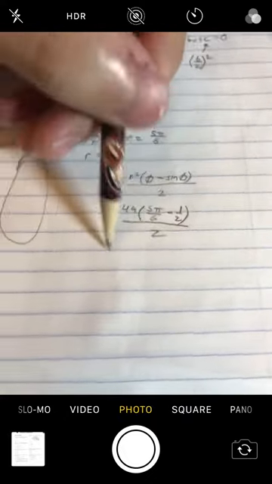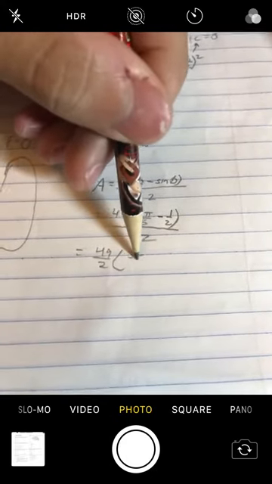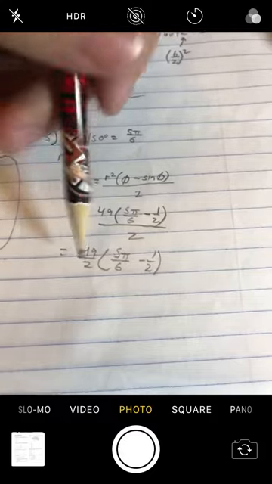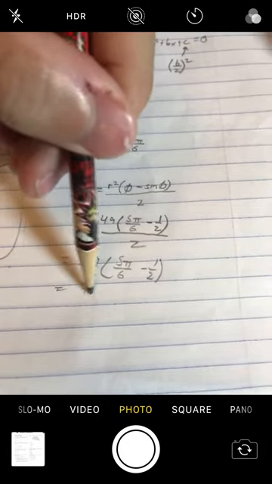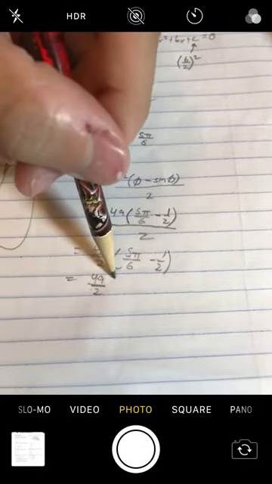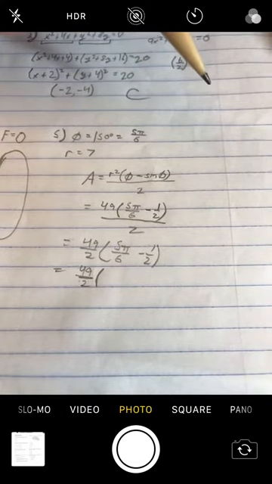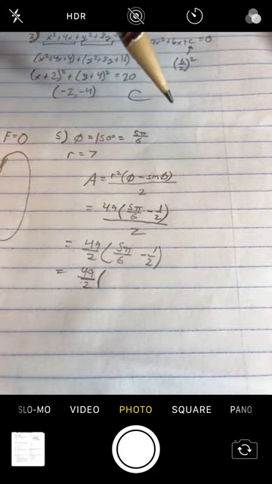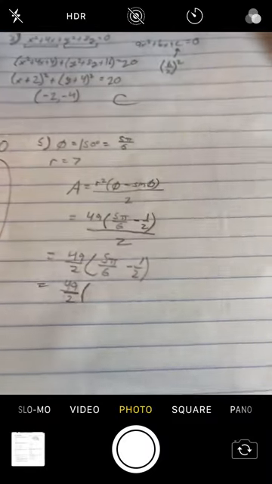All of that divided by 2. So 49 over 2, 5 pi over 6 minus half. So if we do common denominators and simplification, this would essentially be... well, there's one trick we can do here.